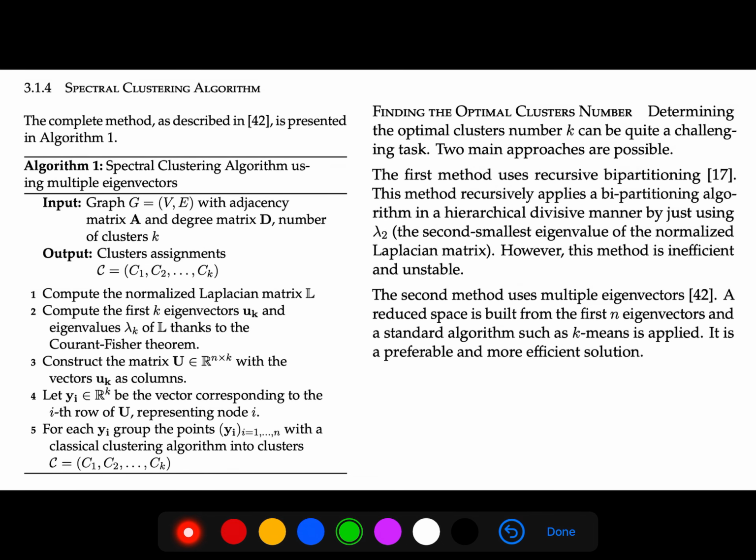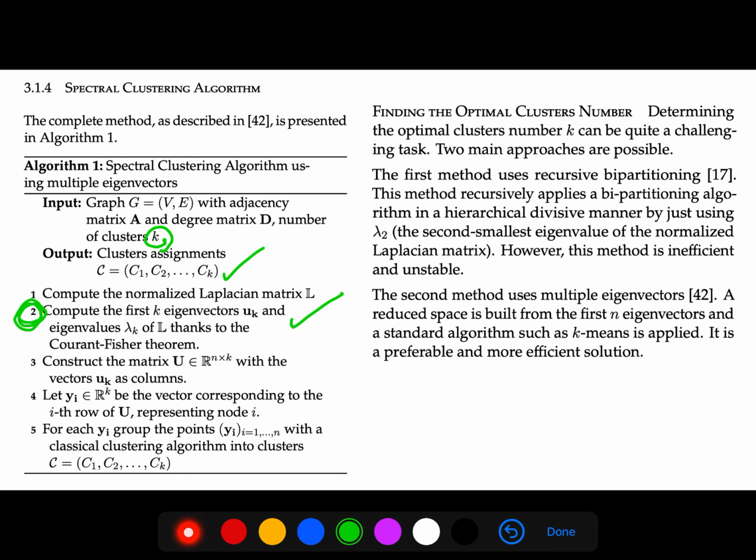So given an input graph and a fixed number of clusters K, we want to have a cluster assignment. So we compute the normalized Laplacian and compute the first K eigenvectors. This is problematic for large graphs, so this approach is not practical for large graphs.